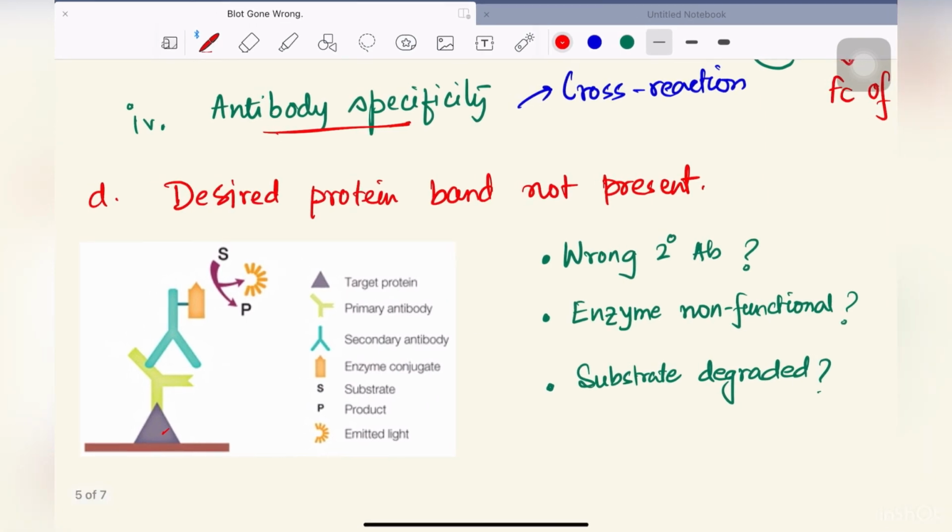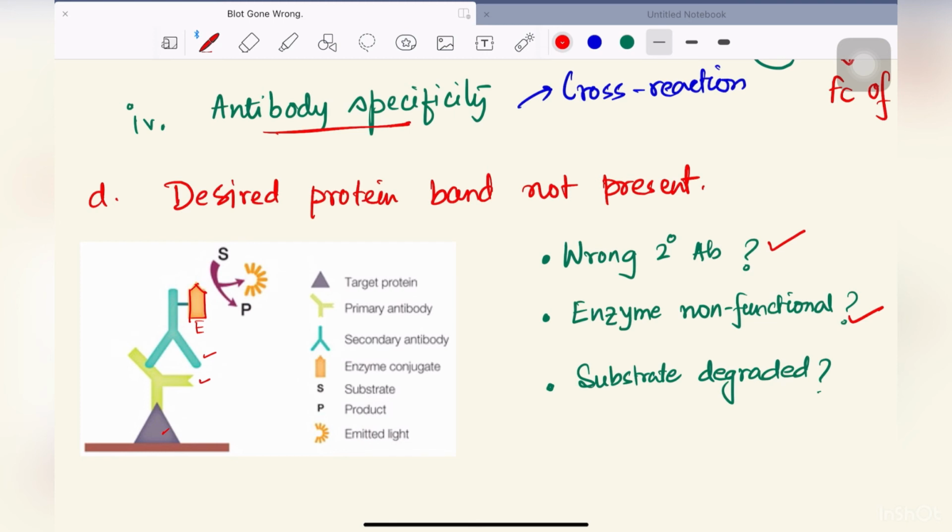This is the primary antibody here in green. And this one is the secondary antibody, which is conjugated with an enzyme. Right? So if your desired protein band is not observed, you have to check whether you are using the proper secondary antibody or not. Whether this enzyme, which is conjugated with this antibody, is working properly, that also you have to check.